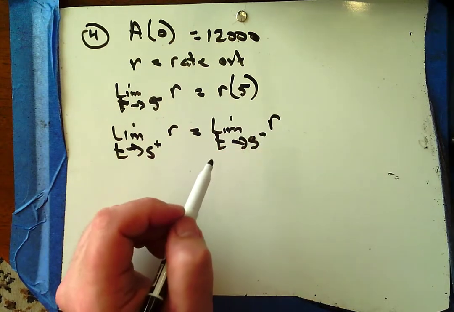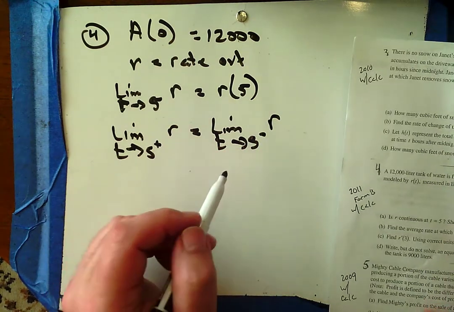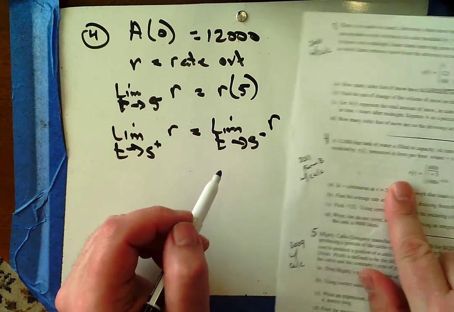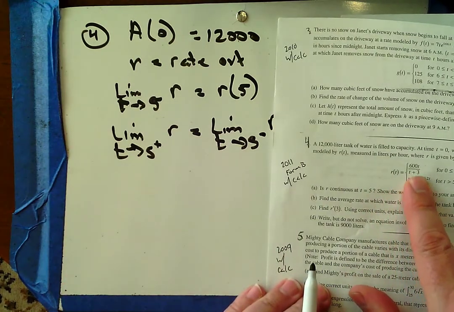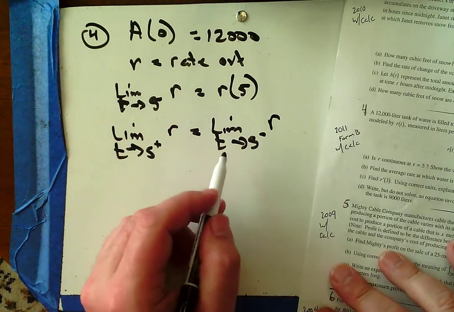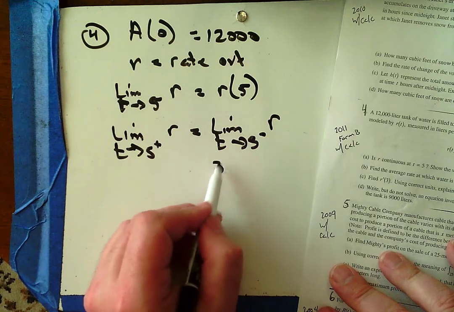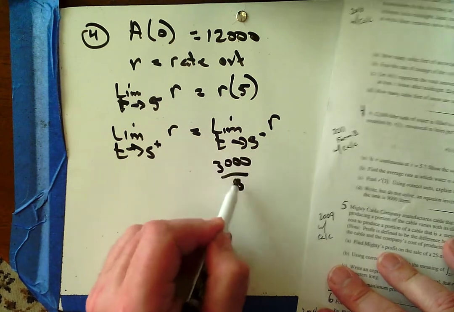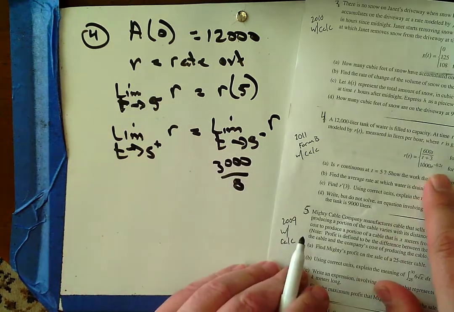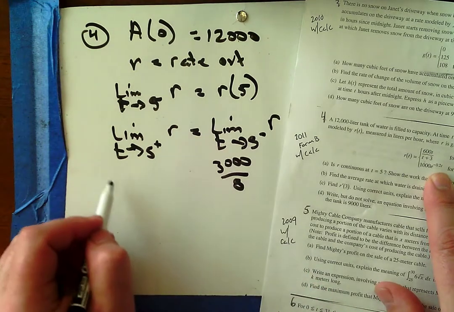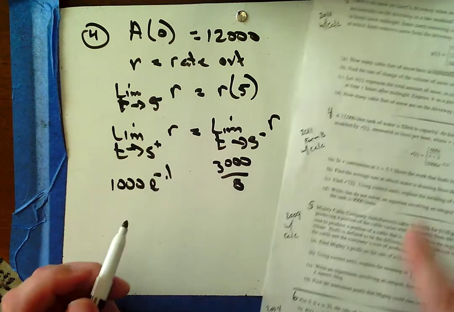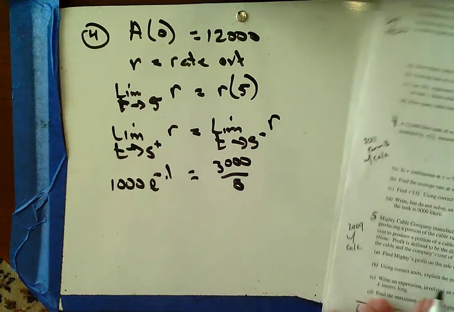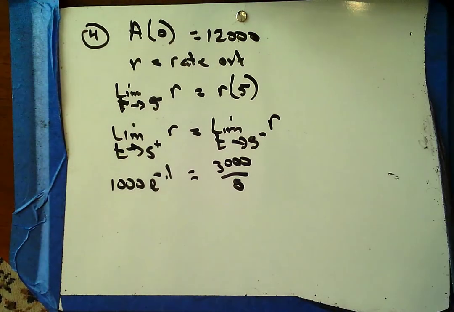So let's plug in a 5 into each of these pieces over here. We're going to plug a 5 in here, and we're going to get 3,000 over 8 from the negative side. And we're going to plug a 5 in here, and so that's 1,000 e to the minus 0.1. I'm going to pull out a calculator and see if those values are the same.